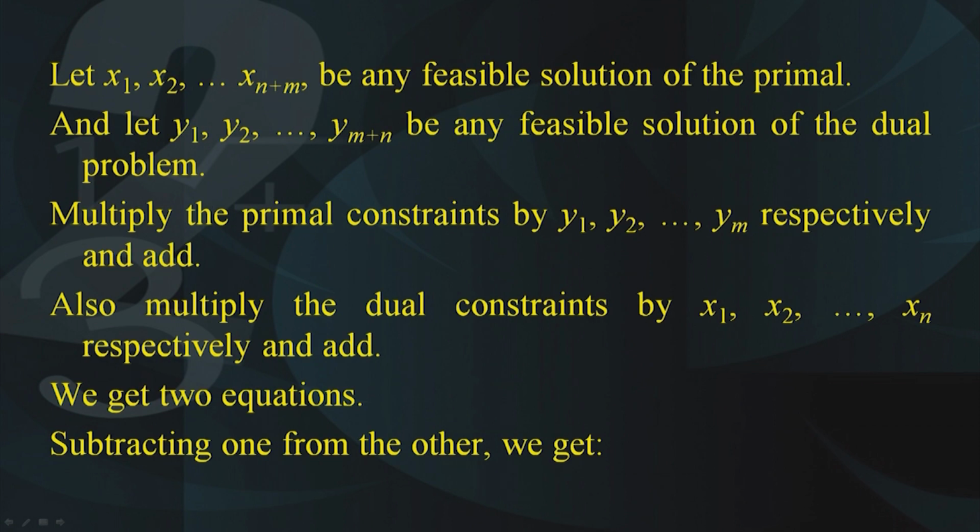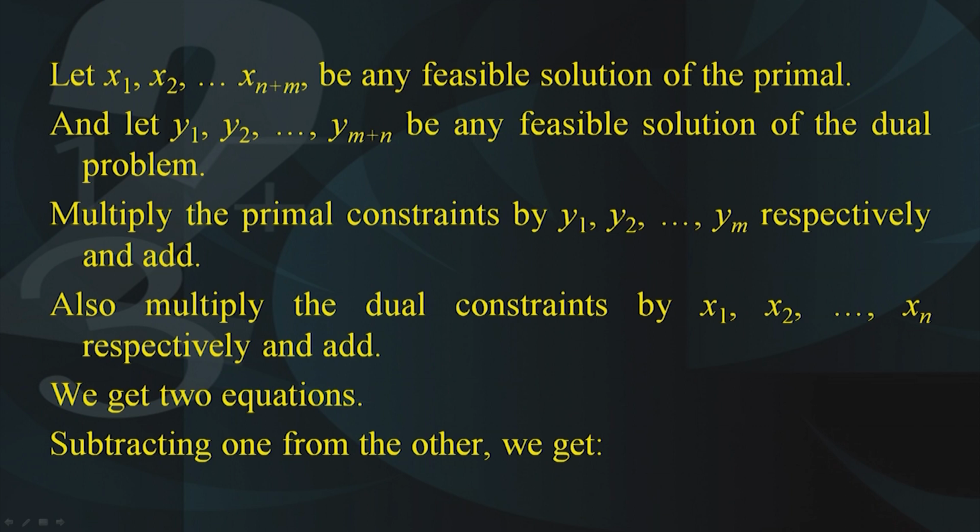Now, let us suppose that x1, x2, up to xn plus m be any feasible solution of the primal, because remember we have to show the condition for any feasible point. So, let x1, x2, xn plus m be any feasible solution, and similarly let y1, y2, ym plus n be any feasible solution of the dual.